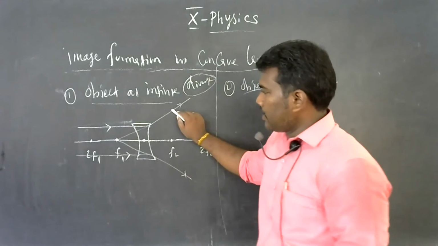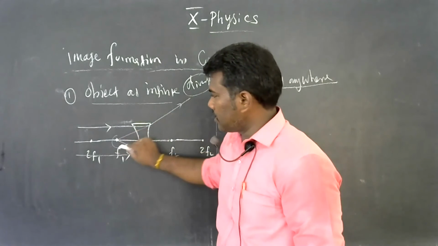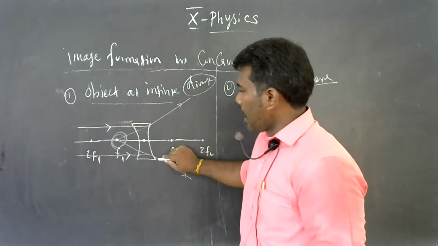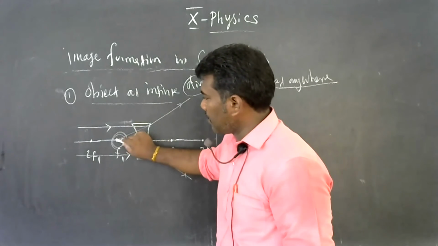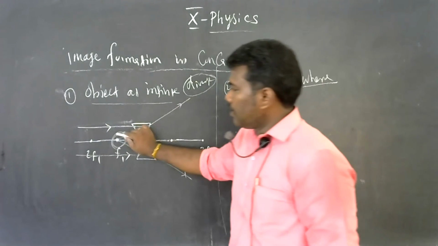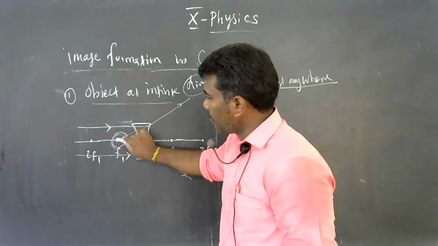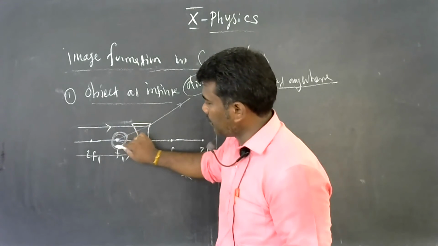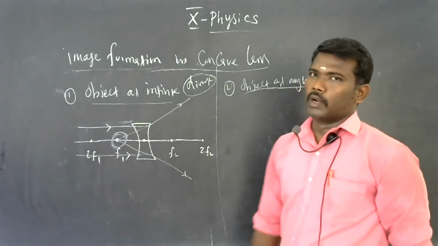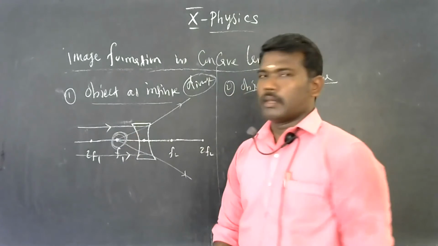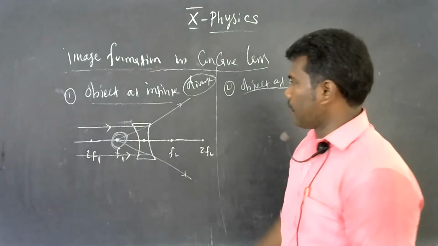These light rays appear to start from the point F1. Actually we extend these lines, but the diverging rays appear to originate at the point F1. This is the first case. In this case, the image is formed at the principal focus F1.